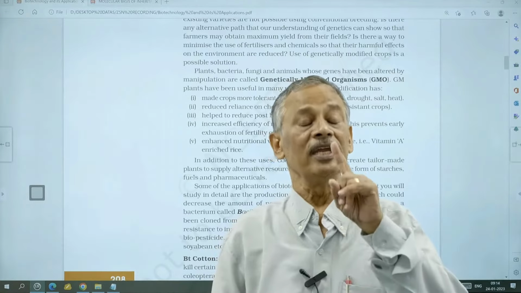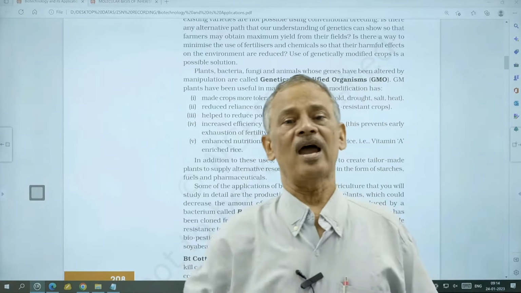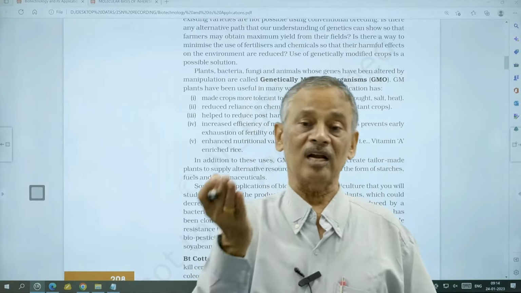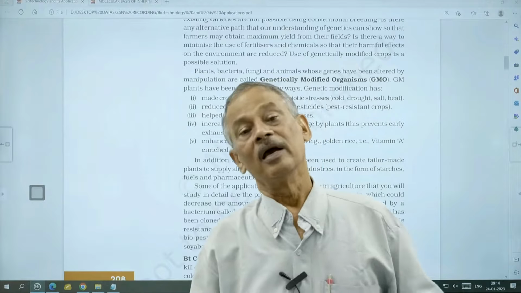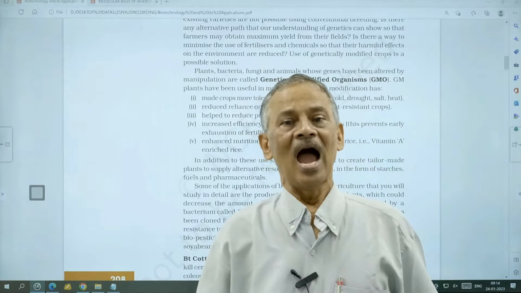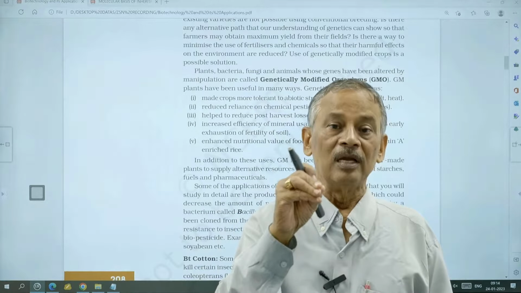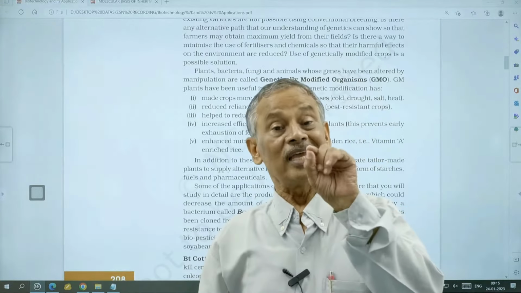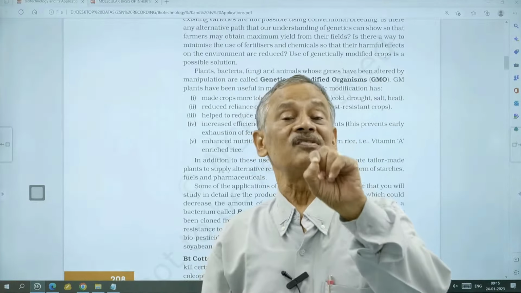But we studied these crystals and found that when they are solubilized, when they are converted into a solution in alkaline condition, they become toxic. And the toxicity is sufficient to kill insects. So they can be used as an insecticide.